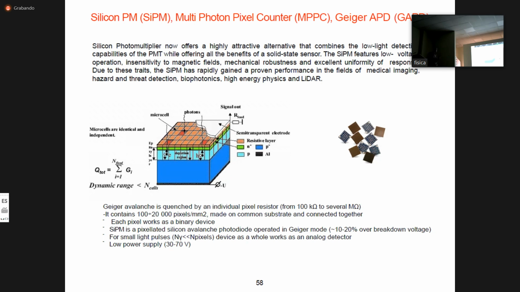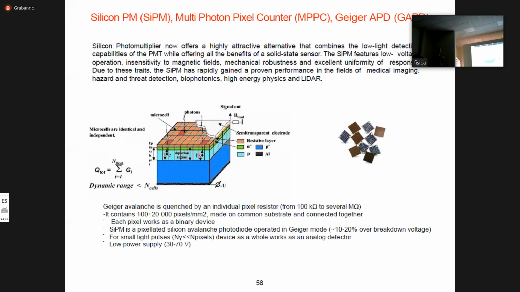Now, silicon photomultipliers found their application in scintillator detectors, of course, which are used in many applications, including fundamental physics, high energy physics. And apart from these fundamental applications, they are frequently used in applications like LiDAR technologies, which are used for autonomous cars, for example.